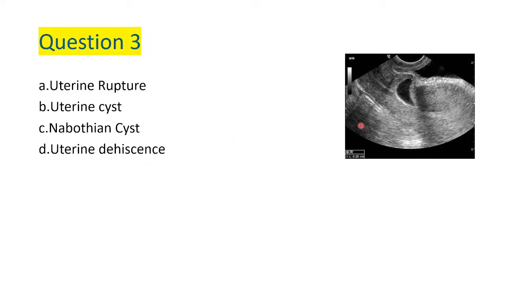After a cesarean section, at the portion that they cut, there can be separation of the myometrial tissue. This is what we then call uterine dehiscence. This is a sonographic sign of uterine dehiscence. If it's just mild, it is called a uterine niche. So that is what it is.